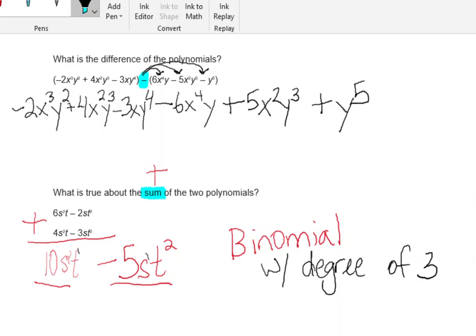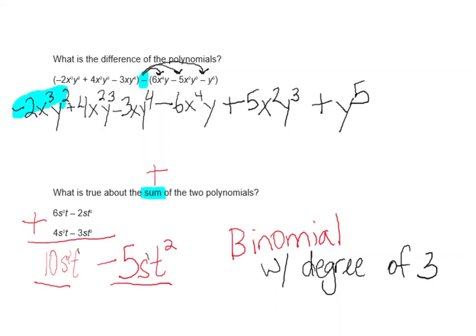So let's look to see what our like terms are. Again, you want to pay attention to the variables and their exponents. Do any other terms have a 3 on the x and a 2 on the y? This one does not, this one does not, this one does not, this one does not, and that one does not. So there are no terms like -2x cubed y squared.